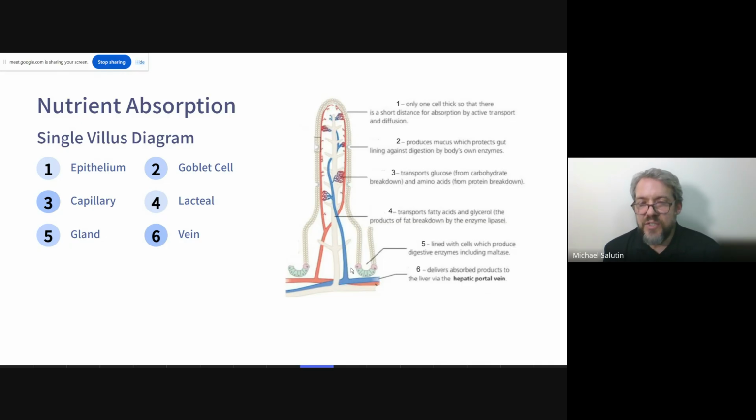This is taking it to the liver to be further processed, basically filtered to get out any contaminants. Okay, so know all of these parts, know how they match up with their function, what they're for, and what they are called. Okay, so let's go on.